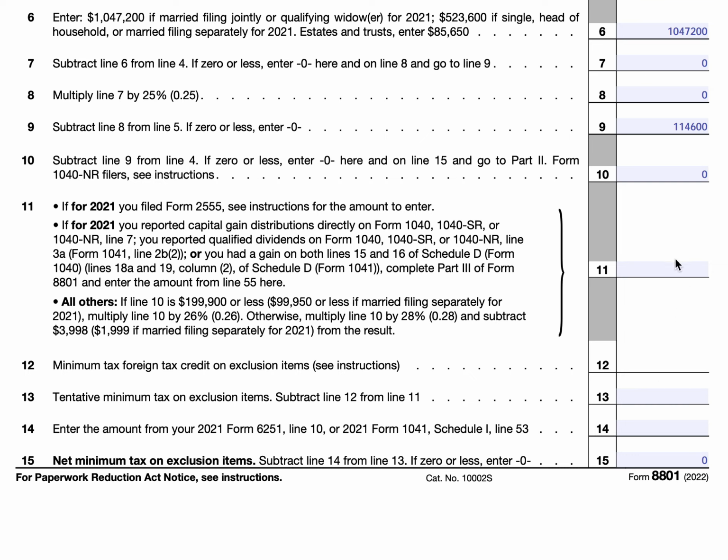So let's imagine in a hypothetical situation that you've got $5,000 that you calculated offline here, and you've got $2,000 that you calculated offline for line 12. In line 13, you would simply subtract that from here. You would enter your amount from line 10 of your prior year Form 6251 into line 14.